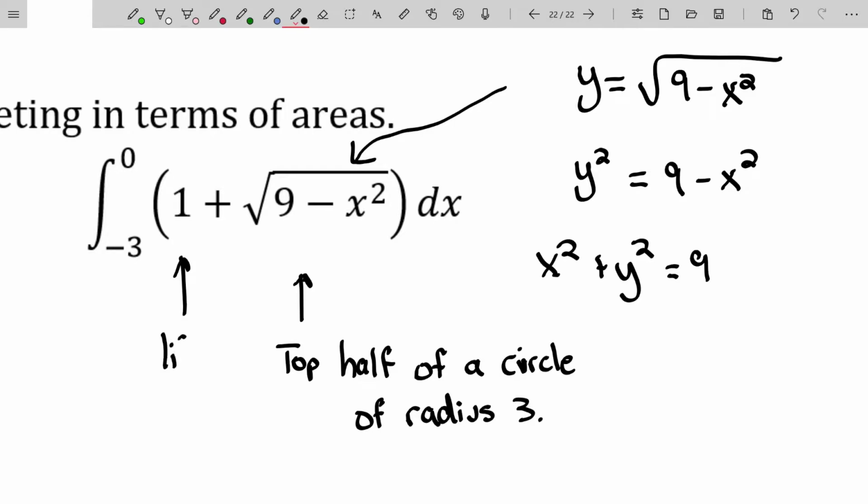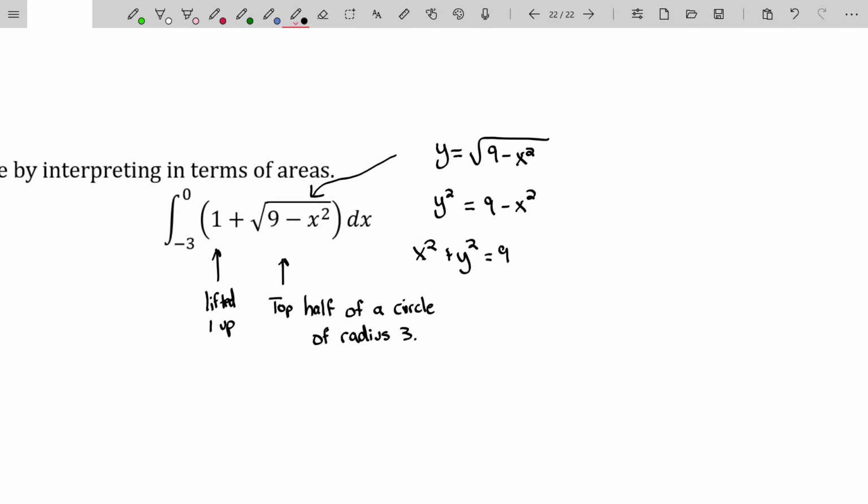And this is lifted 1 up. Okay, so now if I graph that picture, I have a circle of radius 3 lifted 1 unit up. That's what it looks like. That's my circle of radius 3. Here's x equals 3. Here's x equals negative 3. Now let's go back to the problem.